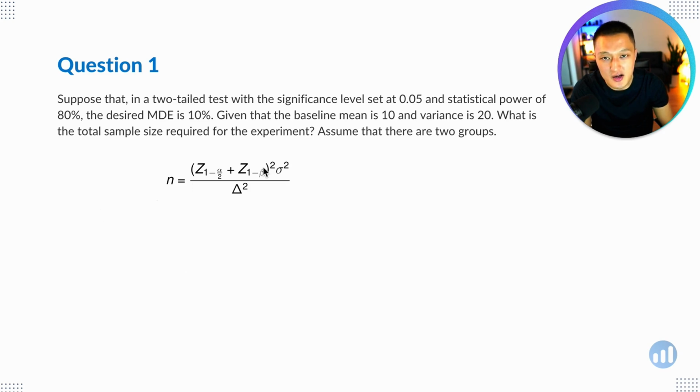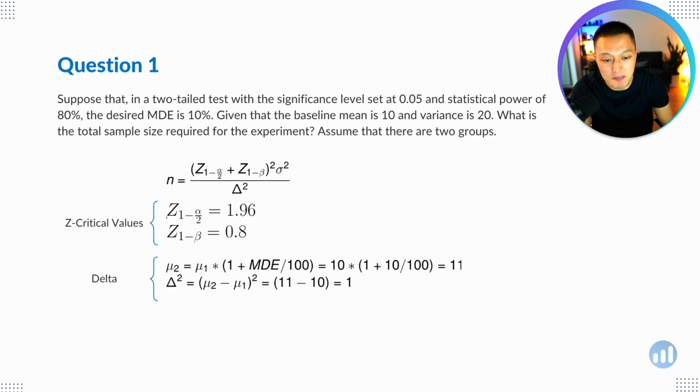We're going to divide and conquer. We're going to first of all figure out what the critical values are, the delta, and the variance as a way to get the sample size required on a per group basis. So what are the critical values? The critical value for the alpha in this case is going to be 1.96. The critical value for the statistical power is going to be 0.84. What about for the delta squared in this case?